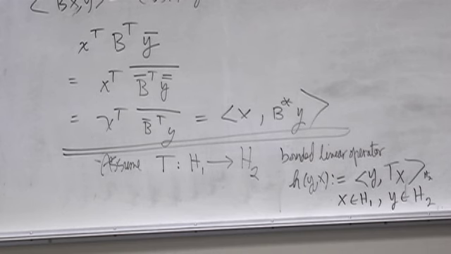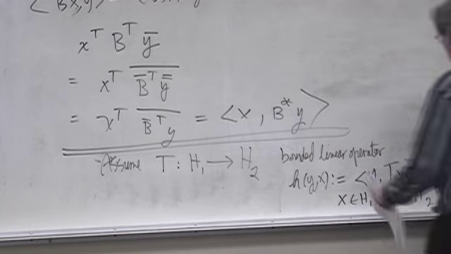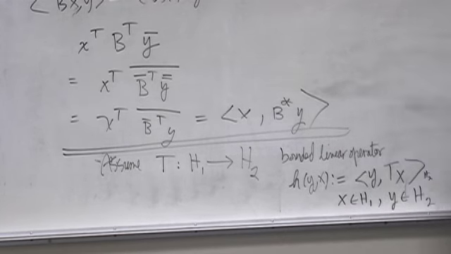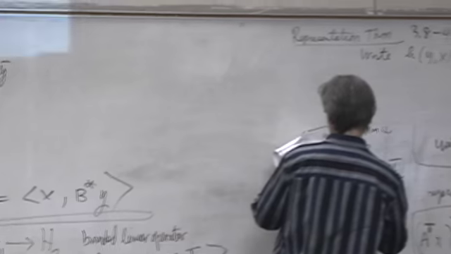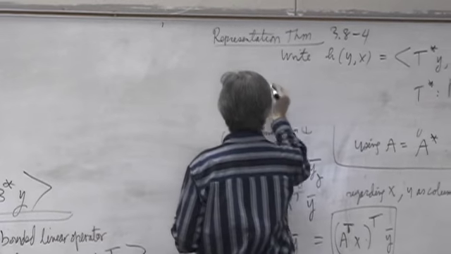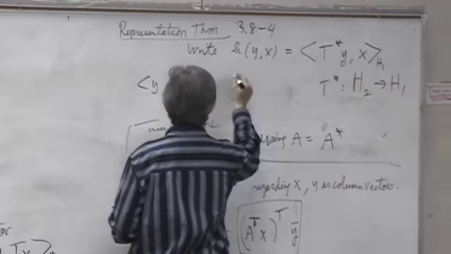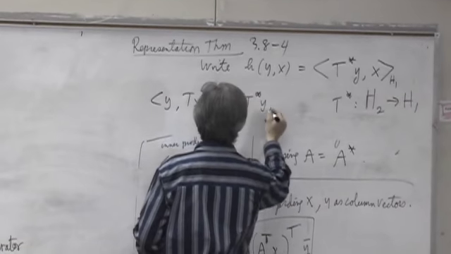So therefore, I'm going to be able to have these two things equal. The inner product is in H1. So now I'm going to have y, tx equals t star y, x.